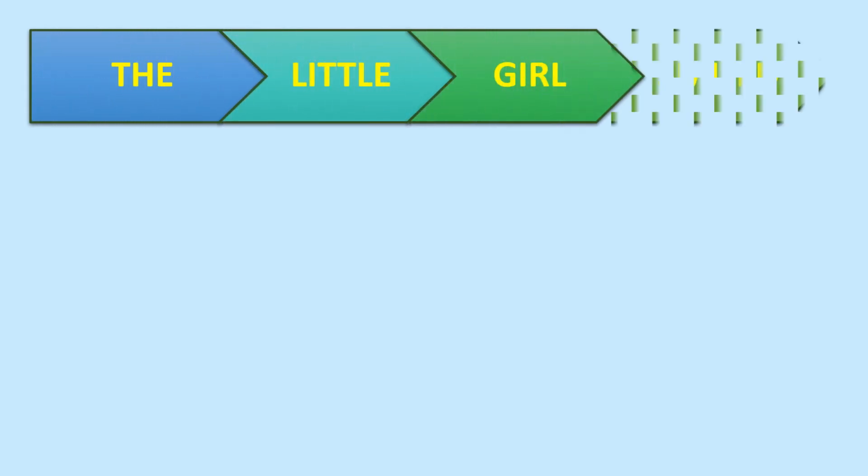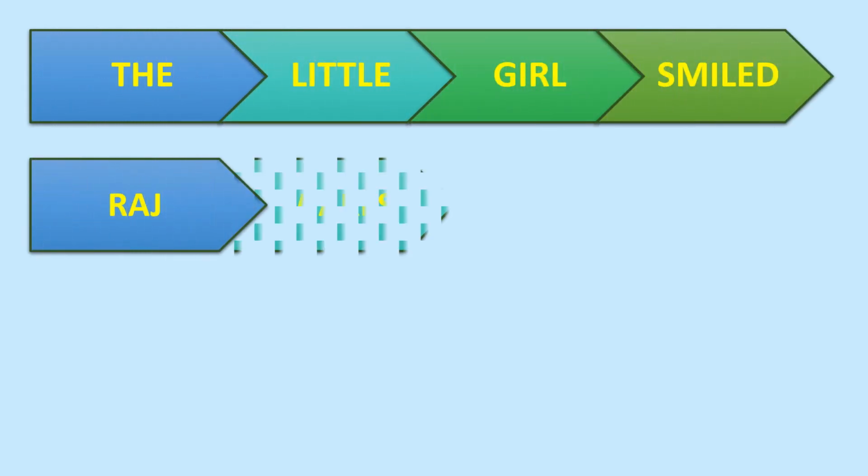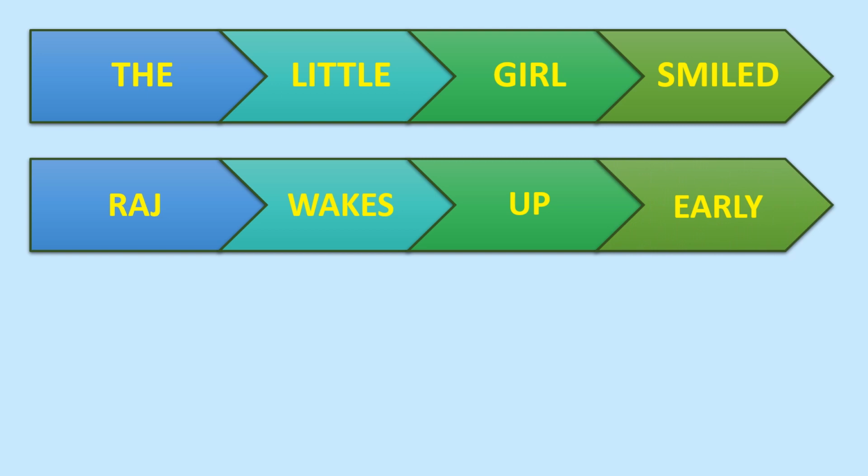The little girl smiled. Raj wakes up early. Now we have the subject in the first sentence, the little girl. And Raj is the subject in the next sentence. What did the little girl do? She smiled. And what did Raj do? He woke up. You can see both the sentences have no objects.